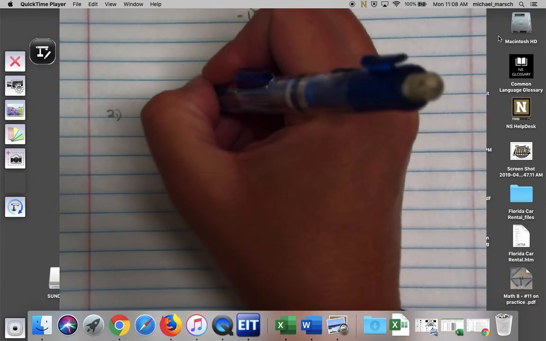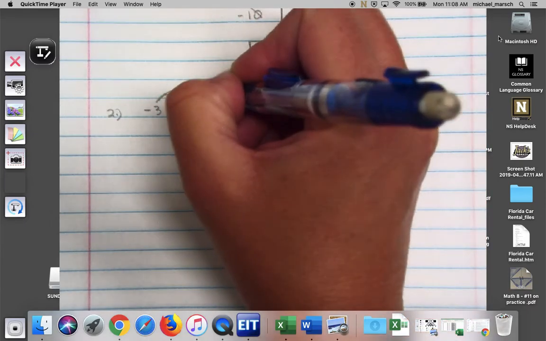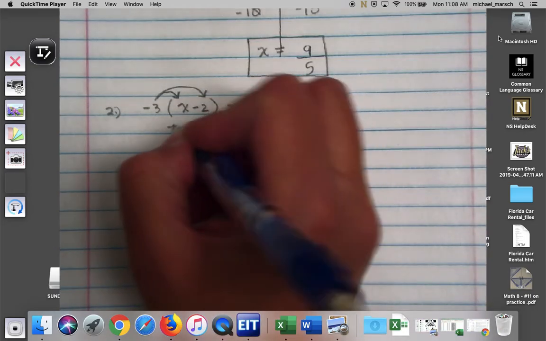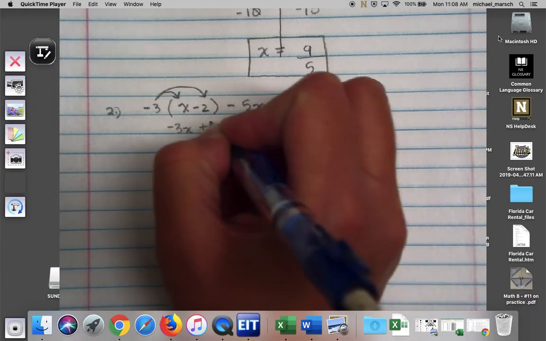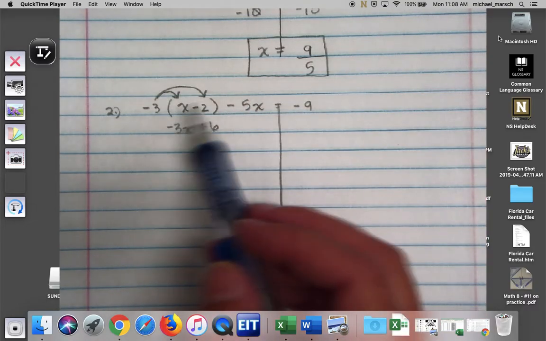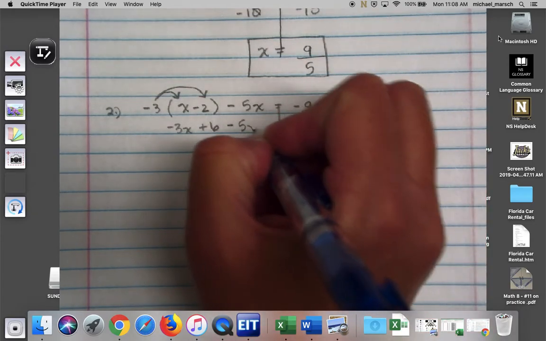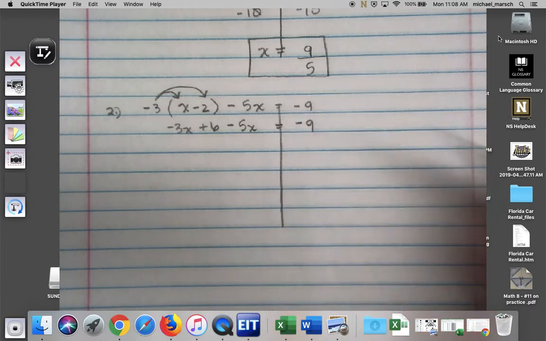Then I'm going to draw my little arrows as visual reminders of what I'm distributing. So I'm going to have negative 3x plus 6, right? Because a negative 3 times a negative 2 gives me a positive 6 minus 5x equals negative 9.